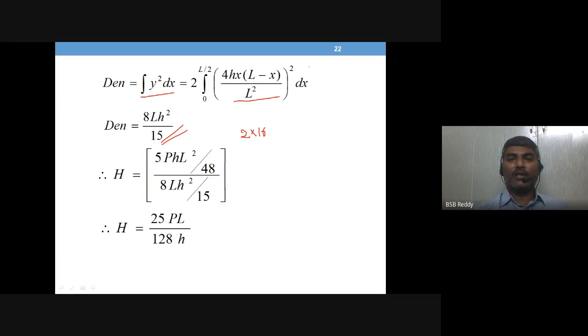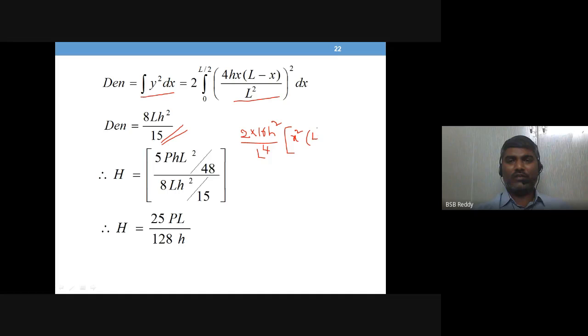Okay. H square, got it. H square is also constant and will come out. L square in the denominator, so L power 4, let it be outside. What is remaining then? X square is there. So that we have x square into L minus x whole square.